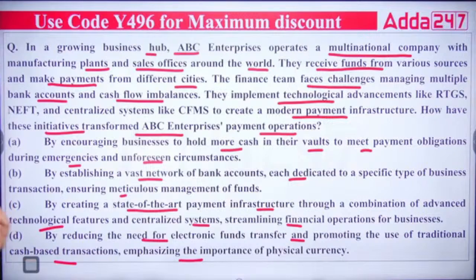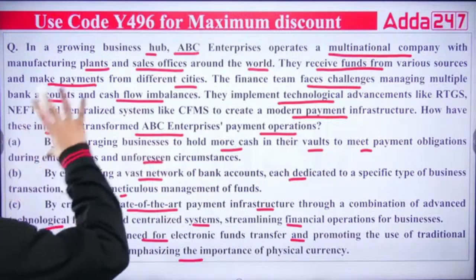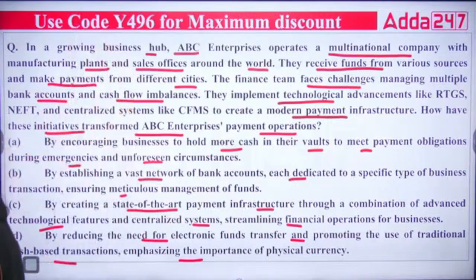So they can handle their money more easily, move it around quickly, and overall make their money work well. It's a super smart helper for all their money tasks in the organization. And it means we can simply say the right answer for this question will be C.